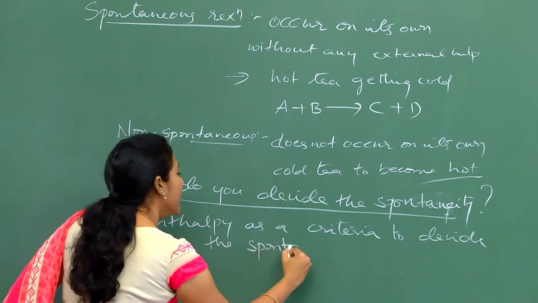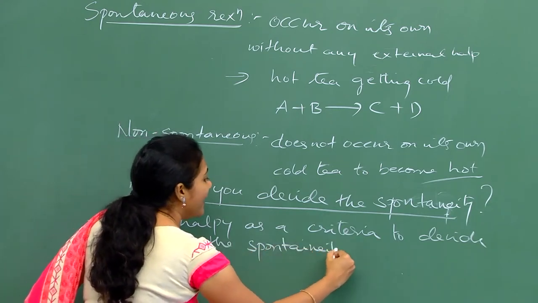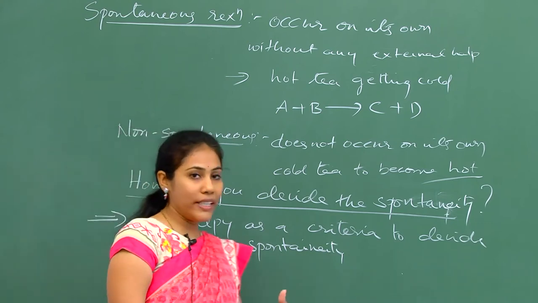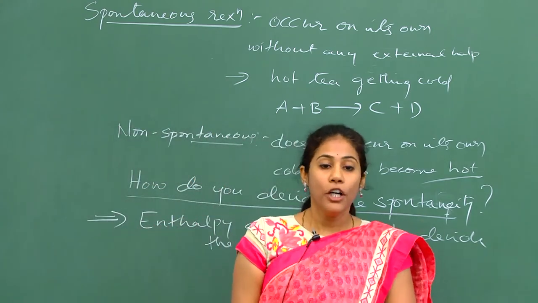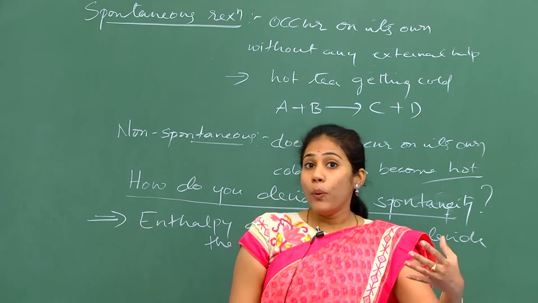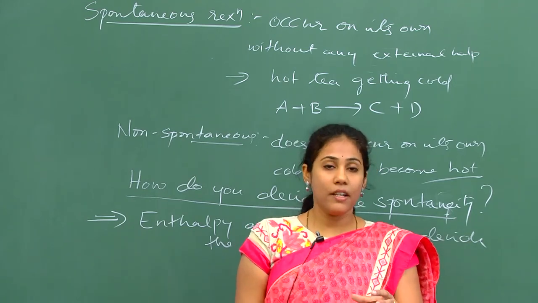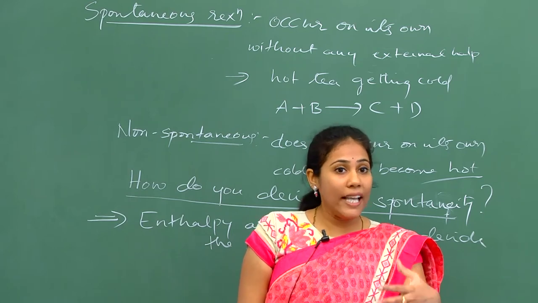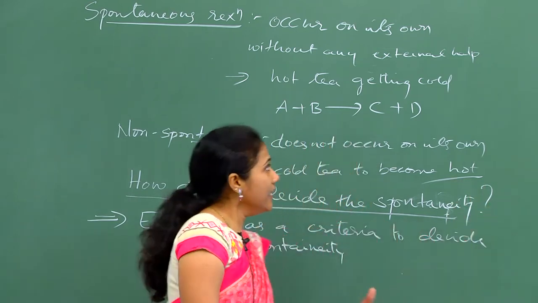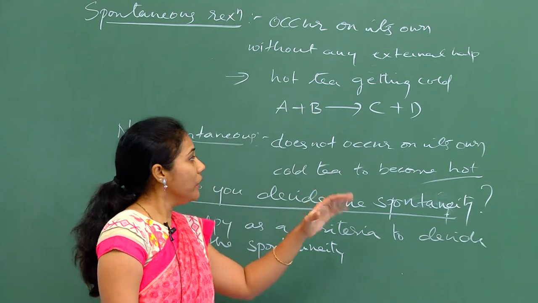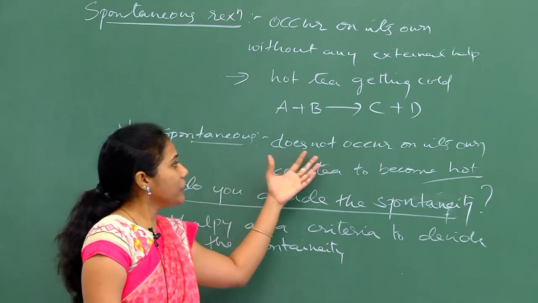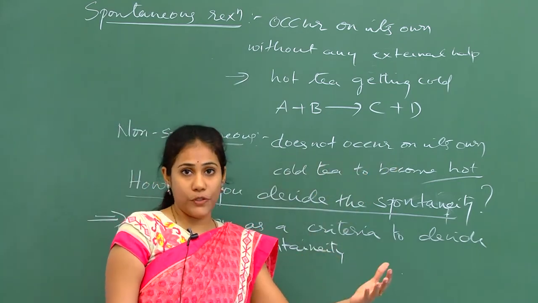That means by looking at the reaction enthalpy value, you can tell whether a reaction is spontaneous or not. That means the enthalpy value will help us to decide whether a reaction can occur on its own or whether a reaction does not occur on its own.